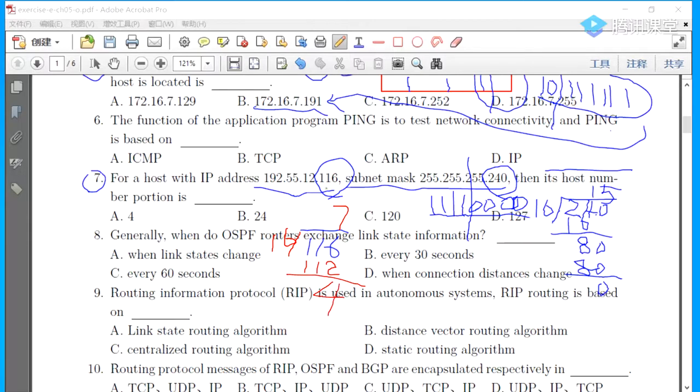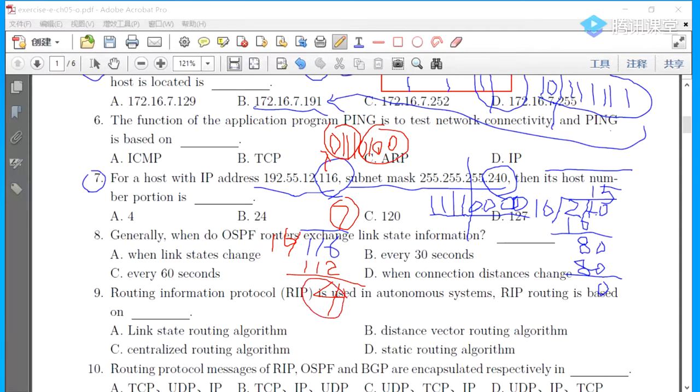That is, 116's binary notation is 0 followed by three ones, then 0100. So this is 7 here and 4 here, right?